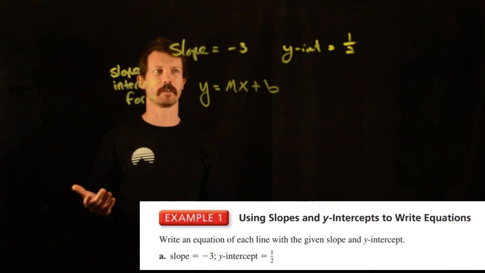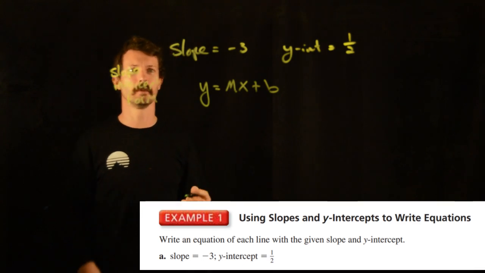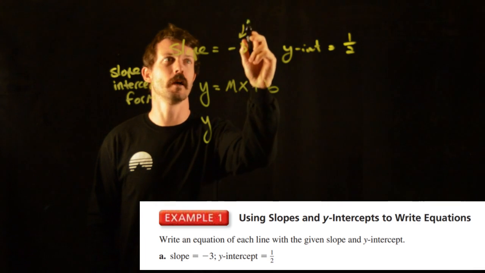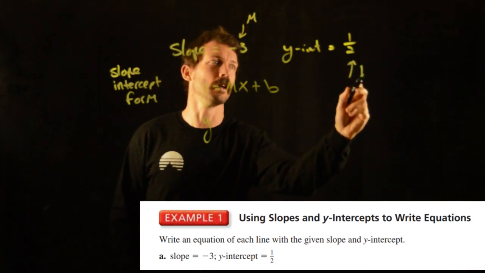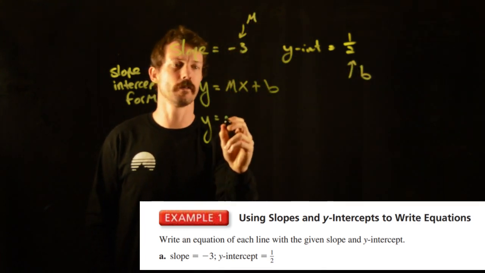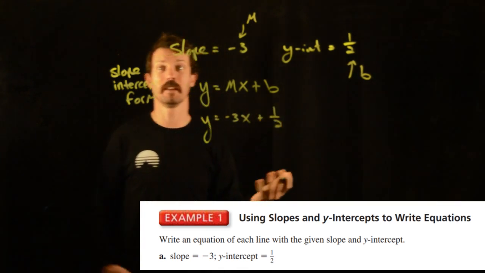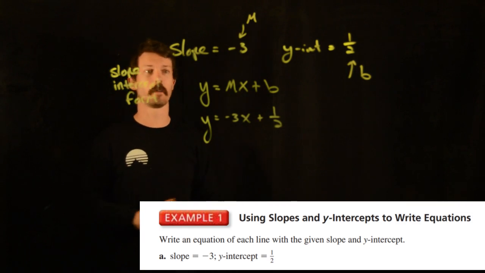And then you're like, well, yeah, Mr. Deshler, we have that. This one should be straightforward. You know that this is your m value and this is your b value, so all you have to do is rewrite it in that form, and then you're done. So don't make this more complicated than it is.